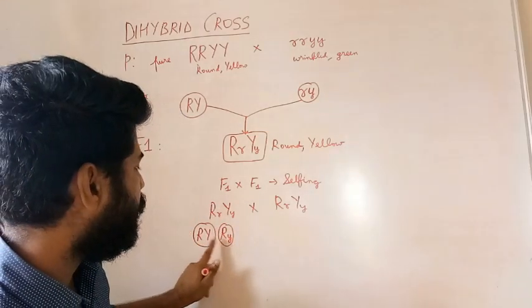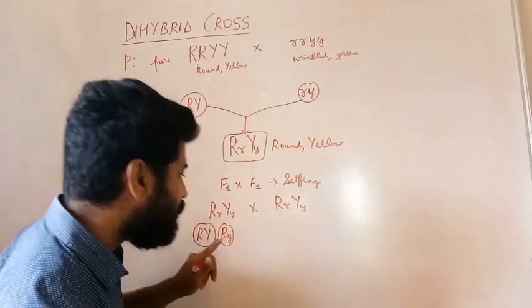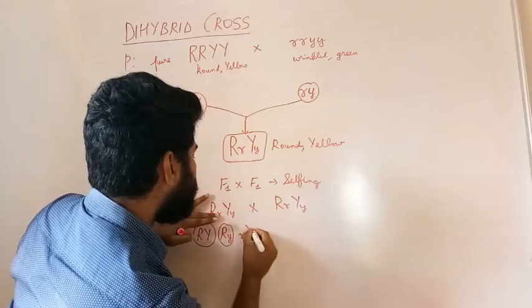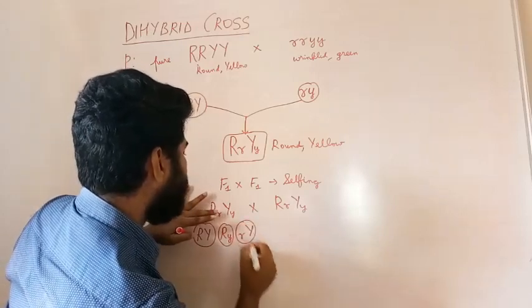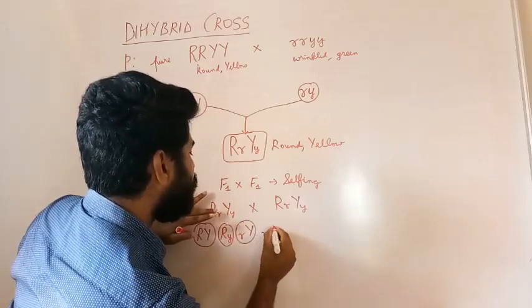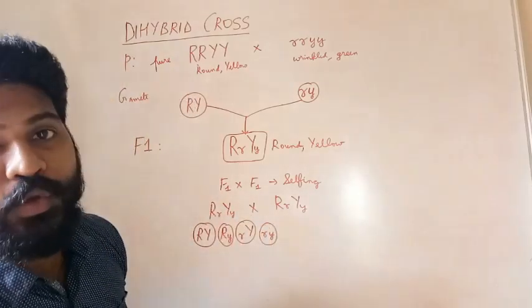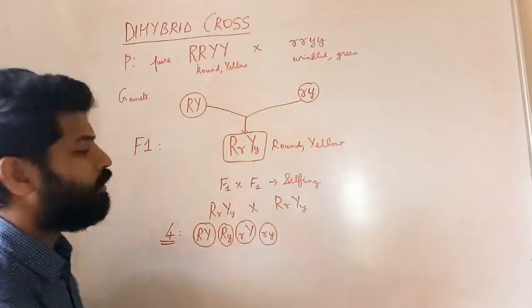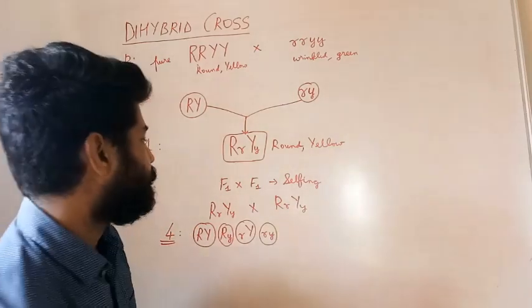So this is one combination, this is one combination. Similarly, this could produce small r, capital Y, and small r, small y. So 4 possible gametes are possible.